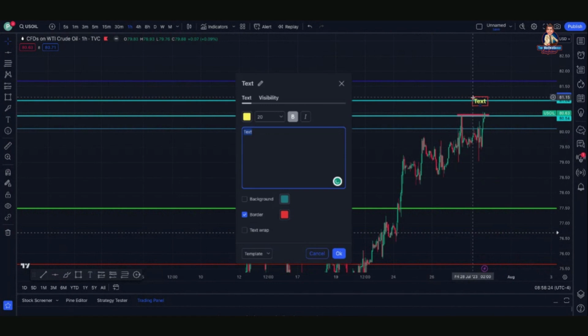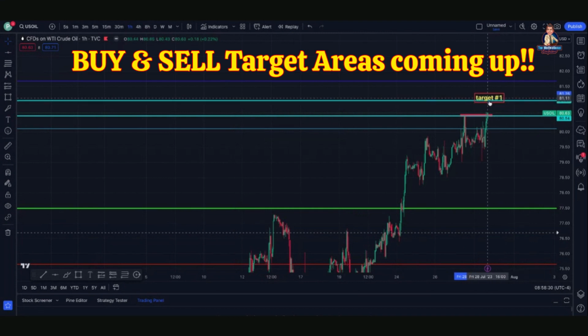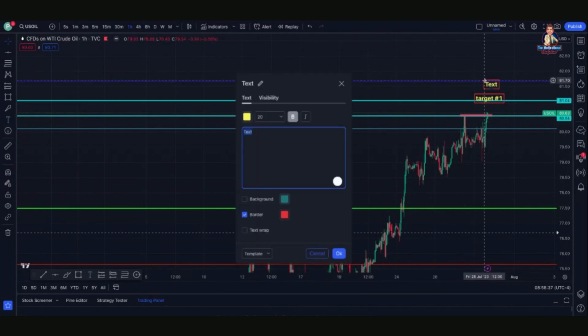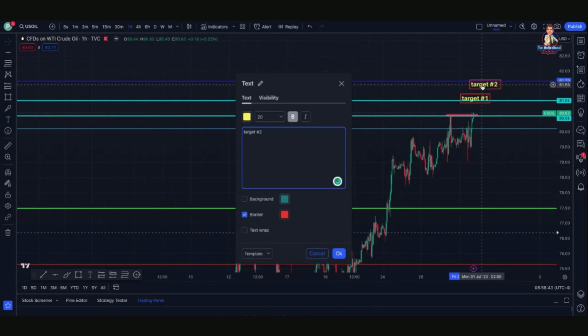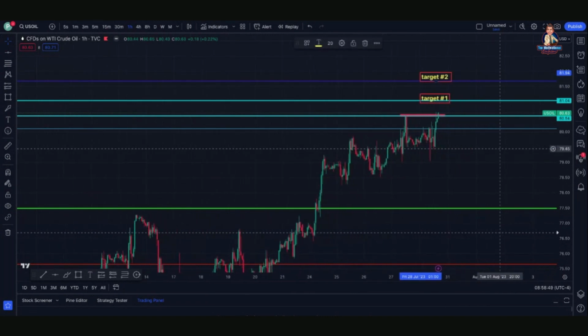Our next target is going to be target number 1, which would be here, right on the blue line. And then we'll also have target number 2 based on past practices. Let's put a number sign there, as where oil could possibly strike next to the top side. Okay, so we've got that established there.